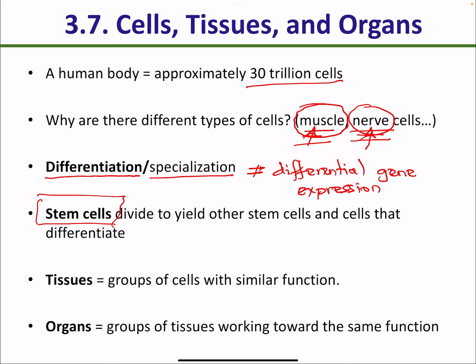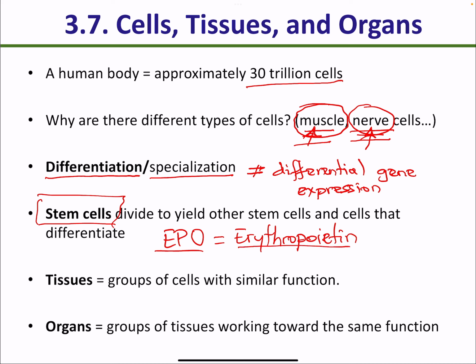For instance, if you consider the cells in your red bone marrow at the extremity of long bones, there you are going to have stem cells. And these stem cells, when they receive the signal from a hormone called EPO, which stands for erythropoietin.